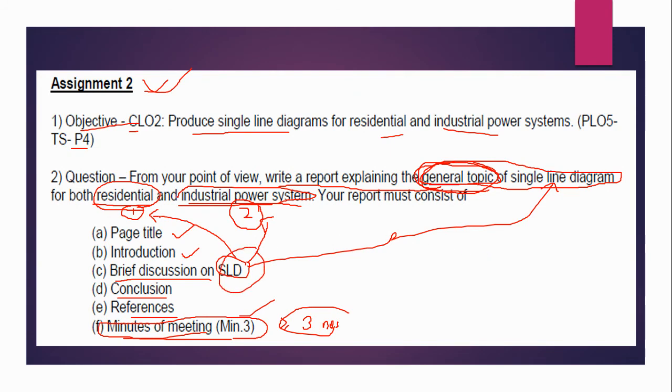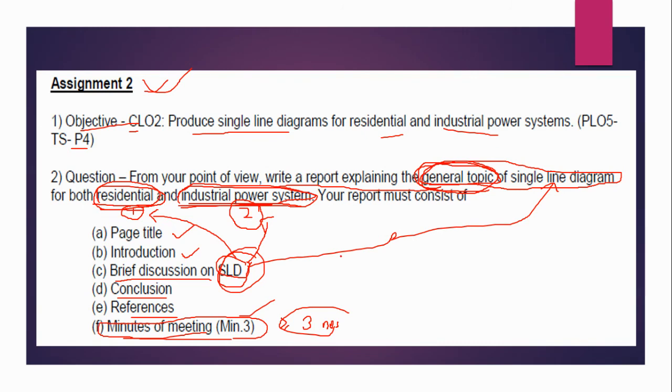Okay, but somehow you must also provide examples, something like residential and also industrial power system. It's just a theory part only. Okay, just theory part. Something like reading notes, or reading books, reading material of SLD. But this time around, you yourself have to complete, you yourself to write, you yourself to provide all those notes.